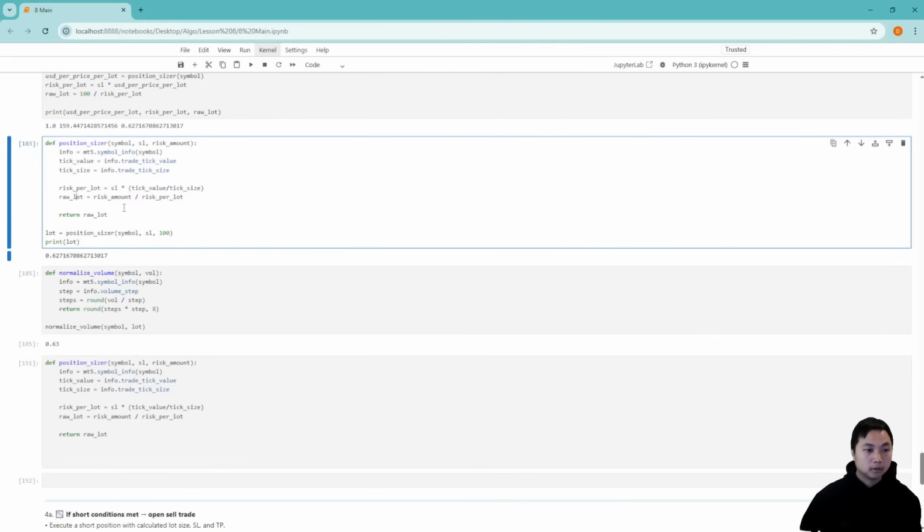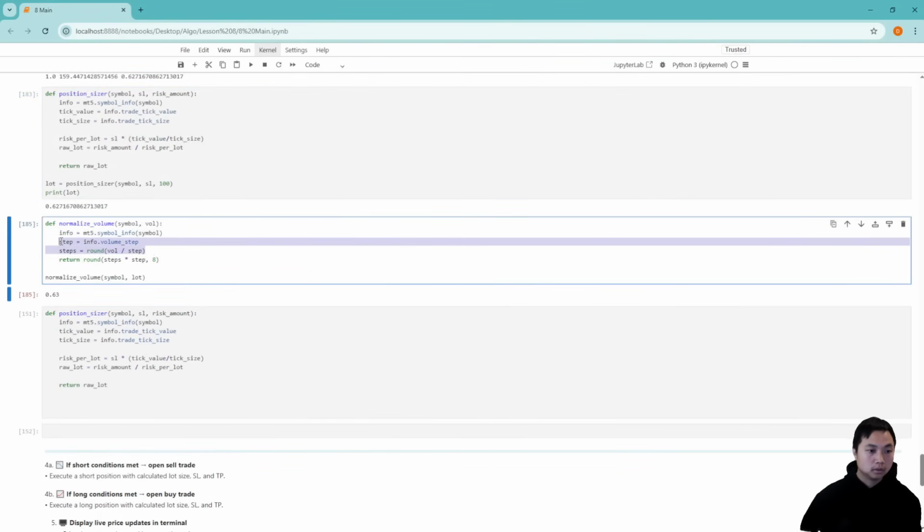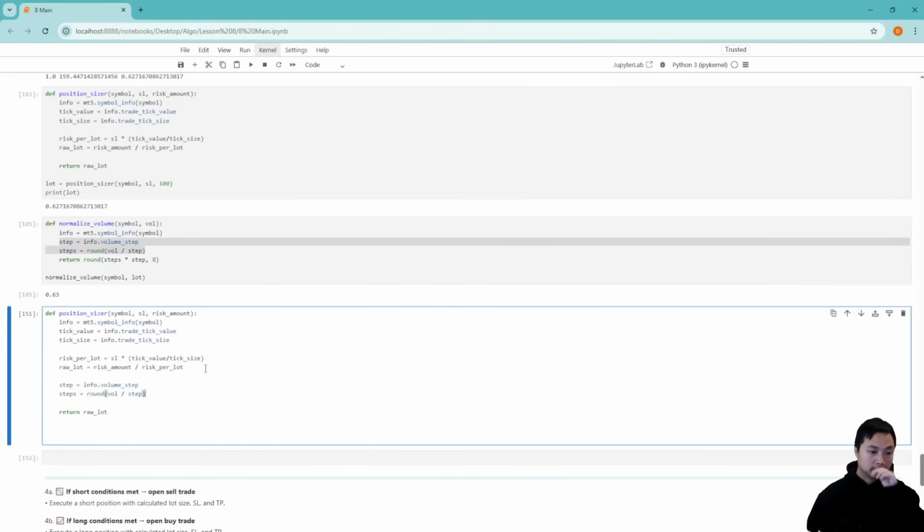So we have the raw lot here, and what we're going to do is to get the step size and then pass the raw lot here to calculate the steps.